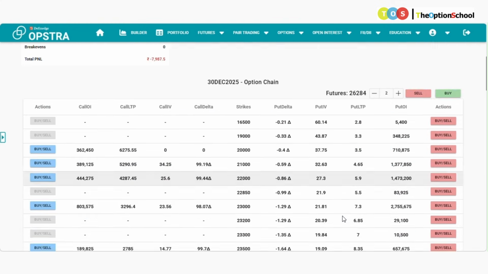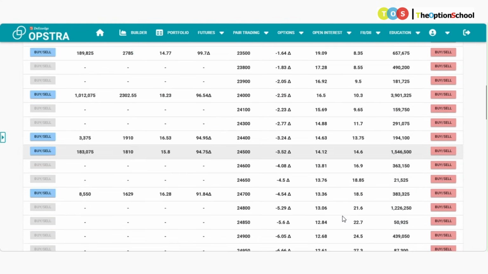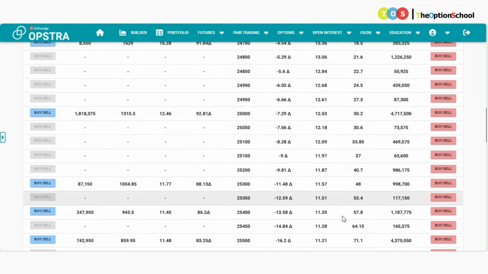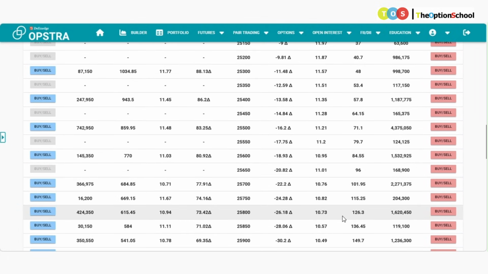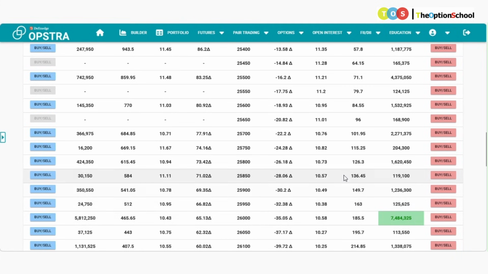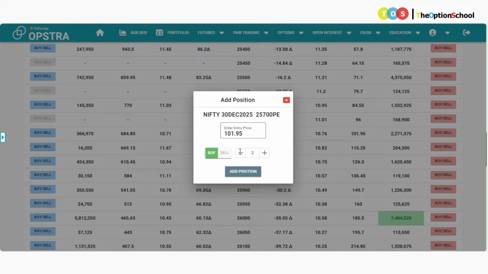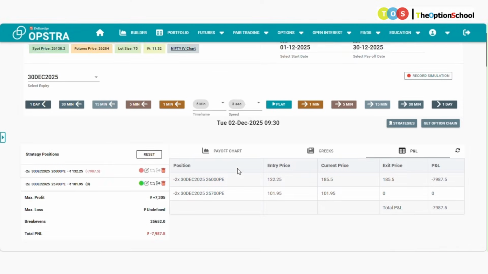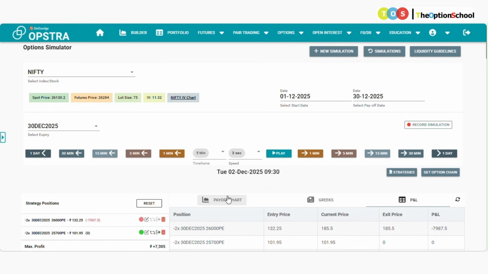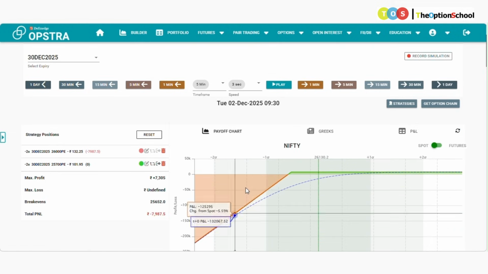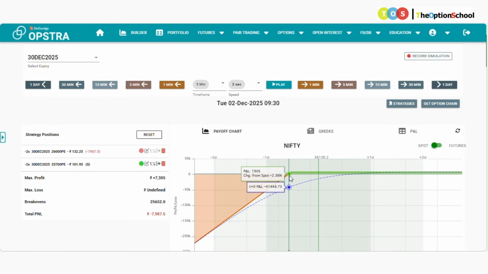So instead of 26,000, now 25,900, you can go a little bit down in the trade, and maybe he will sell 25,700. If we see this now, because the market has gone down, he wants to change his break-even level. So he has shifted his break-even level now to 25,652.